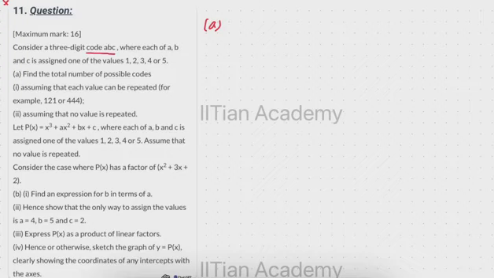It is given that there is a 3-digit code ABC, where each of A, B and C can be assigned any of these values 1, 2, 3, 4, 5. We can assign any of these 5 values to this code. In the first part, we have to identify the total number of possible codes.